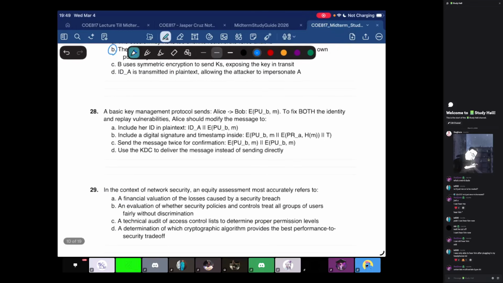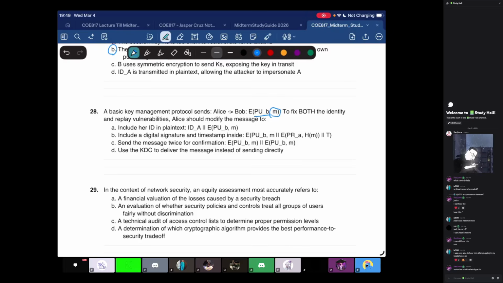Number 28. A basic key management protocol sends Alice to Bob, encrypted public key of B with a message A. To fix both the identity and replay vulnerabilities, Alice should modify the message to include what?